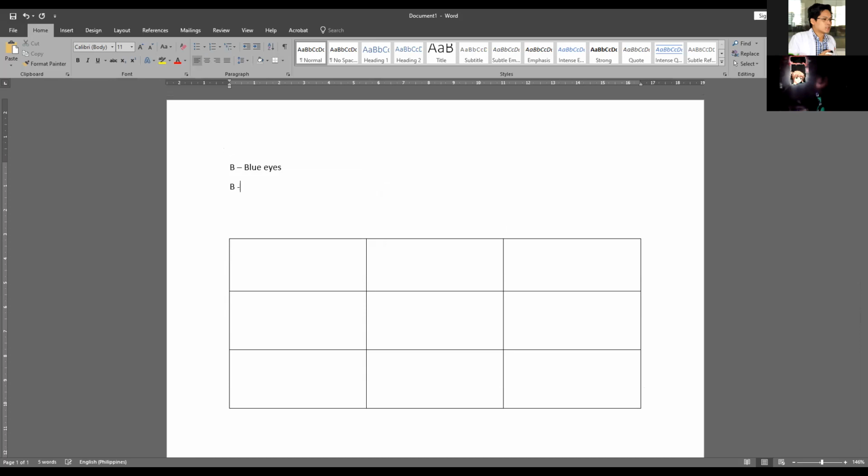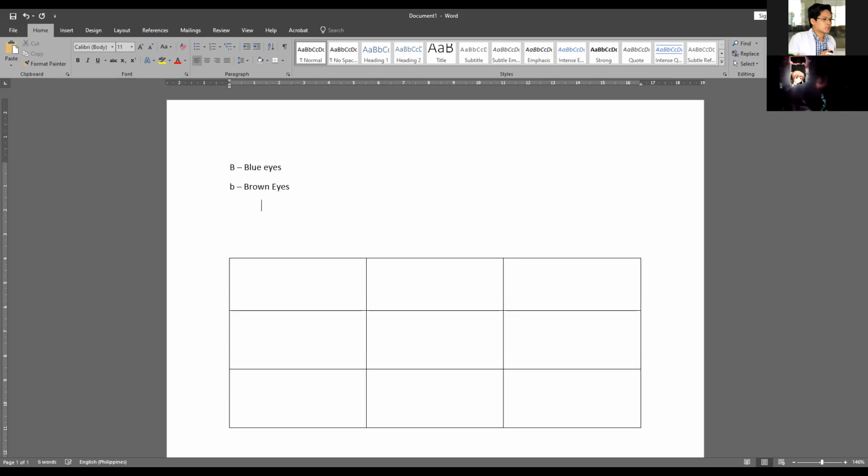Let's make it small letter b for the brown eyes. A cross between a heterozygous blue eyes male and a heterozygous blue eyes female. So this is the second generation.